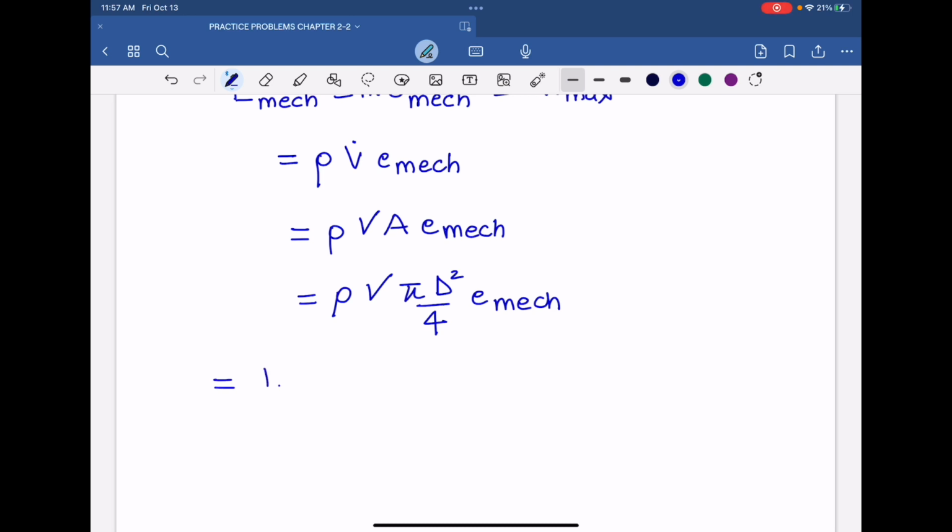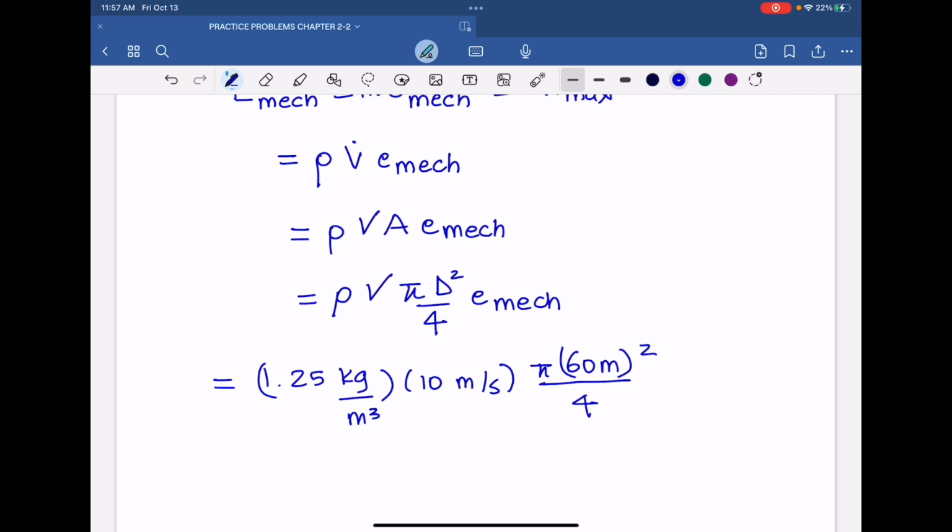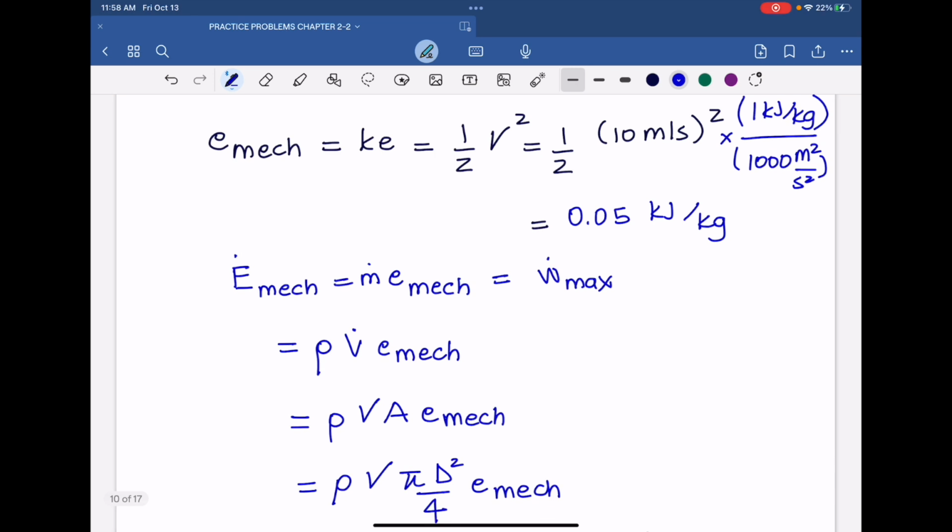So let's plug in the numbers and calculate this. Density is 1.25 kilogram per meter cube. Velocity is 10 meter per second. And diameter is 60 meter, pi d squared over 4. And we also need to multiply by the mechanical energy, which was equal to the value that we have found.